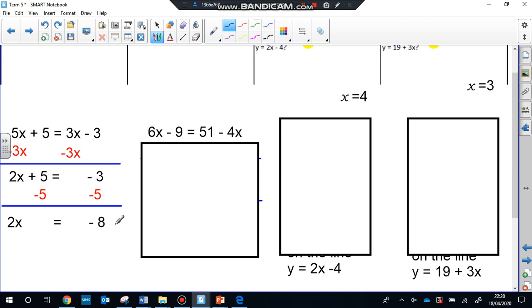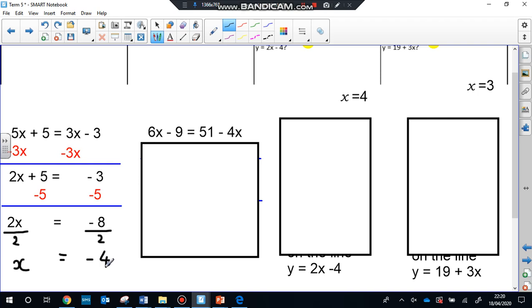So if 2x is negative 8, I need to divide this by 2 to find out what 1x is. But I can't just divide one side by 2, I've got to divide the other side by 2 as well. So minus 8 divided by 2 is minus 4.